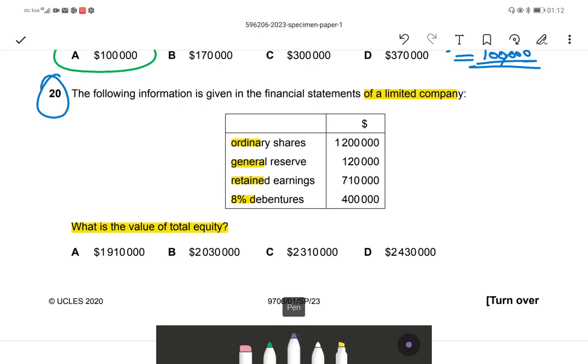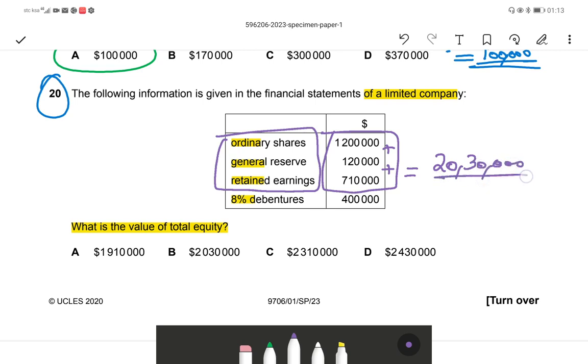Total shareholders' fund is ordinary share capital plus reserve plus retained earning. So 12 lakh plus 120,000 plus 710,000. The correct answer is 20 lakh 30,000. B is the correct answer.